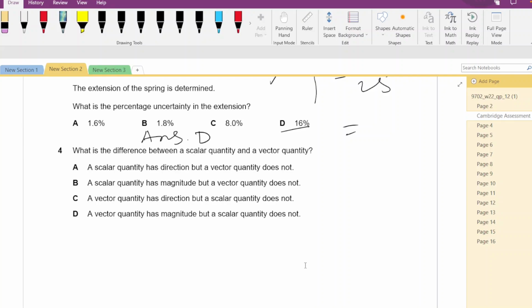Let me see which statement satisfies the definition of vector and scalar. A vector quantity has direction, but a scalar quantity does not. This is the appropriate description. So at 4, the answer is C.